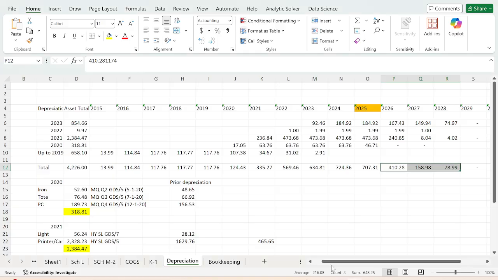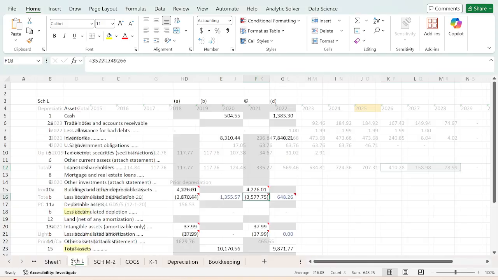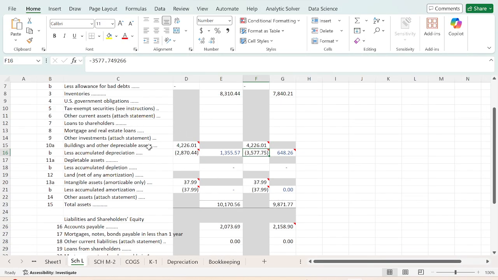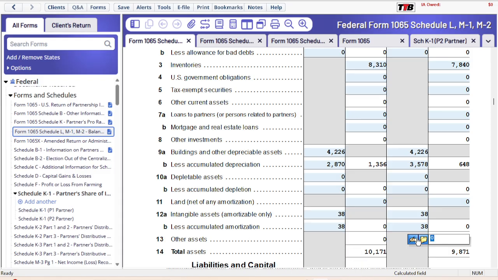So if we go back, it follows the same rule here, but because it's not a depreciable asset, it's an amortizable asset, you will put it under line 12A and B for it.